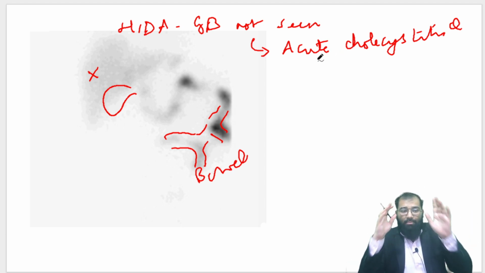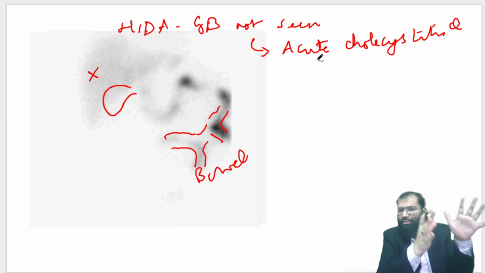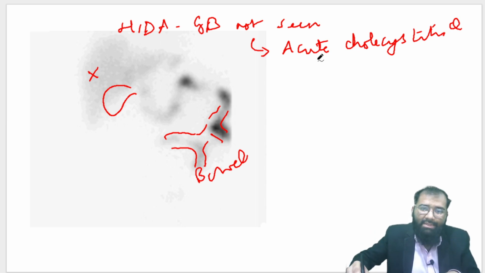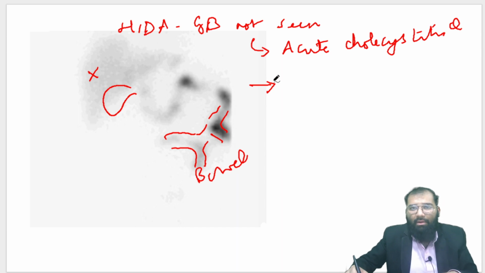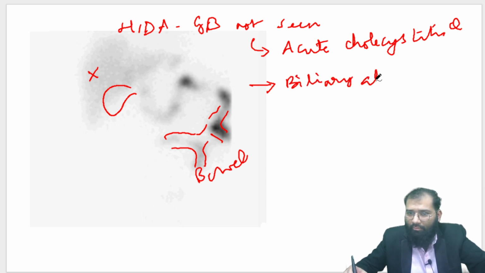Now, one more important question which is based on a similar principle. If you have understood this concept of imaging, you will also understand this question which is often asked in exams. Again, it's a pediatric question, but of course it has roots in radiology. I'll discuss it. In case of biliary atresia, what do you mean by atresia?